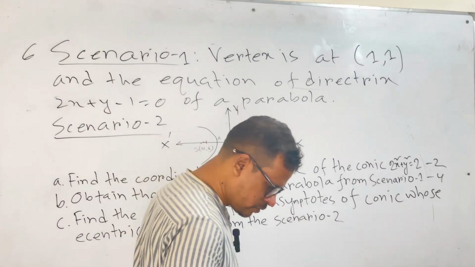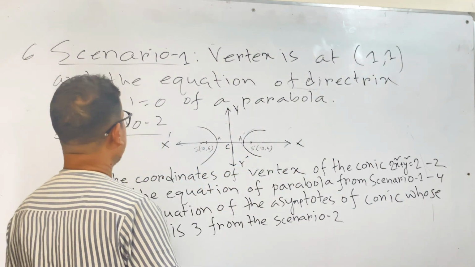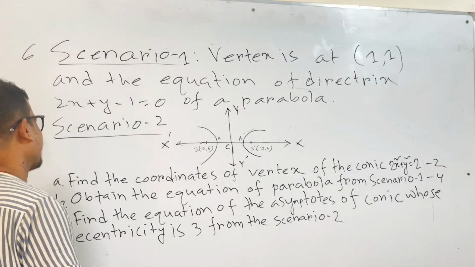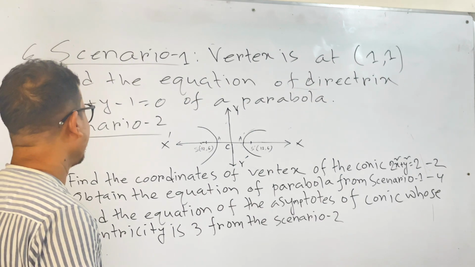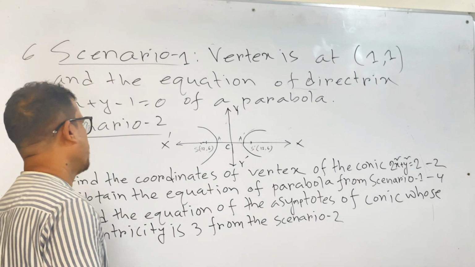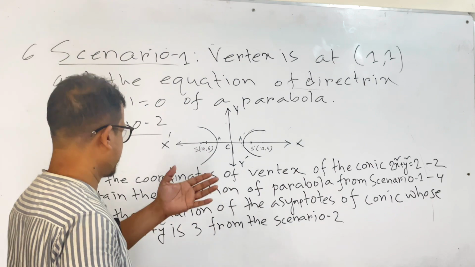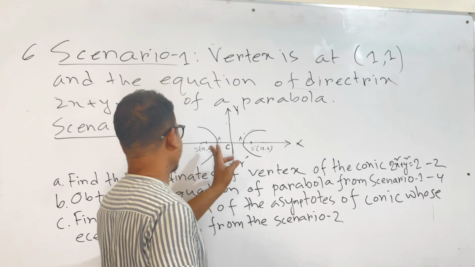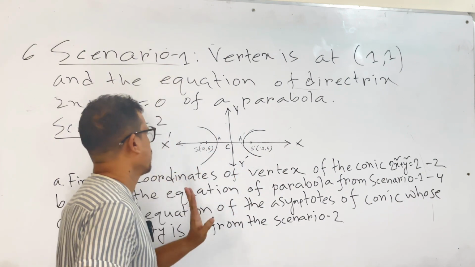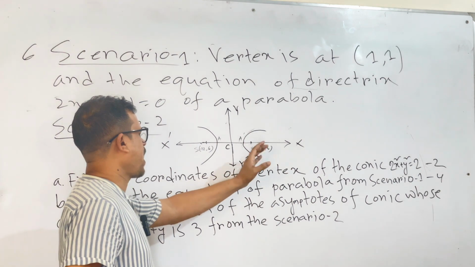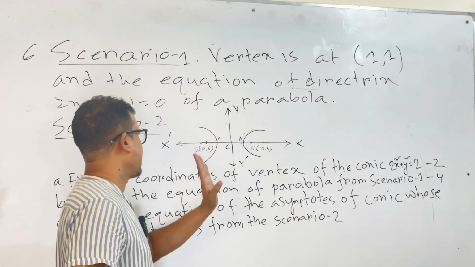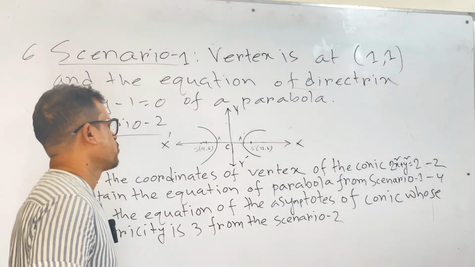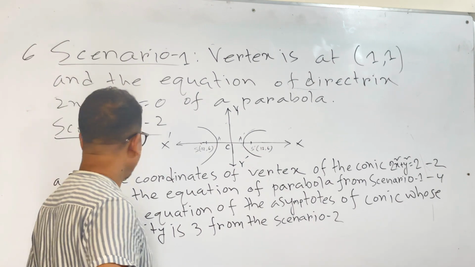Actually, scenario 1: vertex is at (1, 1) and the equation of the directrix 2x plus y minus 1 equal to 0 of a parabola. Scenario 2: this scenario 2, x axis, x prime axis, y prime axis, and S (minus 12, 6) and the focus is S prime (12, 6), A prime, A. Okay, find the coordinates of the vertex of the conic 2x squared plus y squared equal to 2, mark 2.